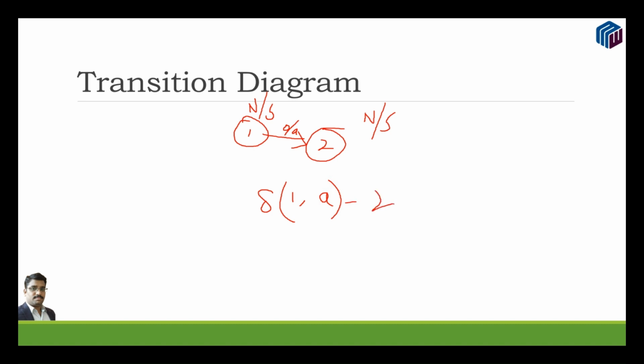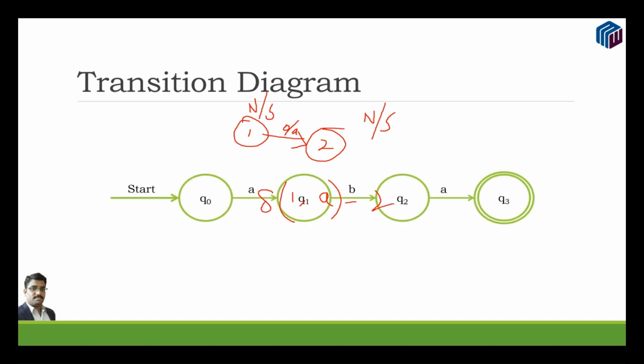That means it is moving to state 2. This is called the transition. That transition is shown in the transition diagram, how it moves from one state to another state. So it is a directed graph representation. This is the transition diagram we can see here.